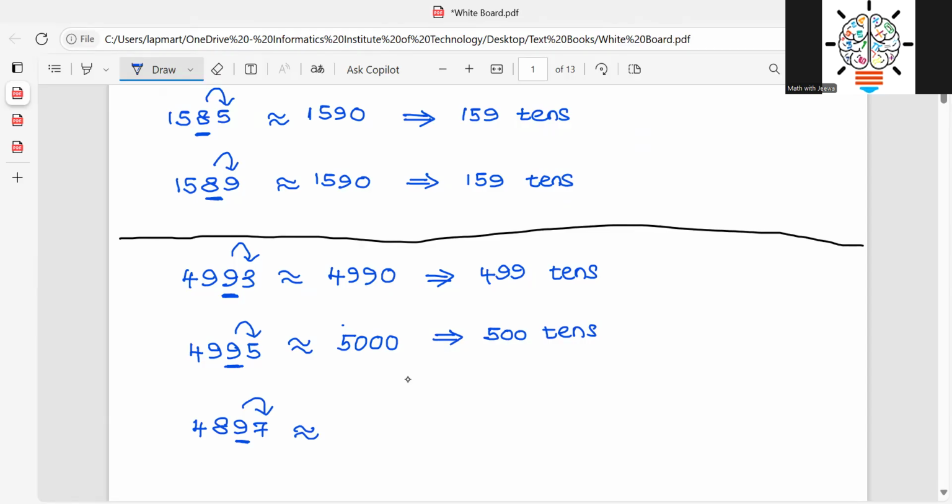So then the remainder 1 will add to 8. So then it is 4,900, and we write it as 490 tens. Right? So this 9 becomes 10, and you put the 0, and then the other 1 I add with 8, that becomes 9. So that is how we work with this.